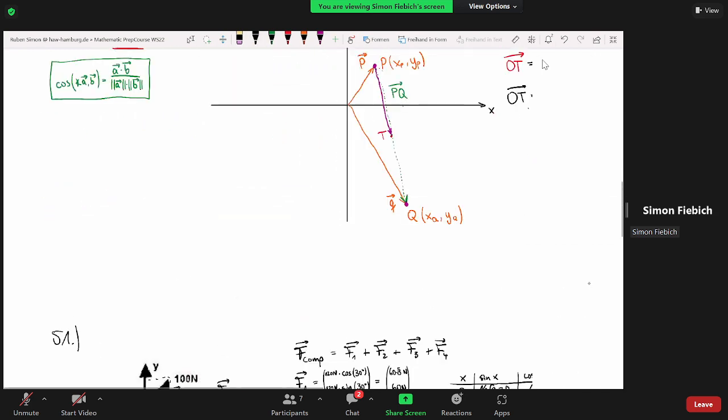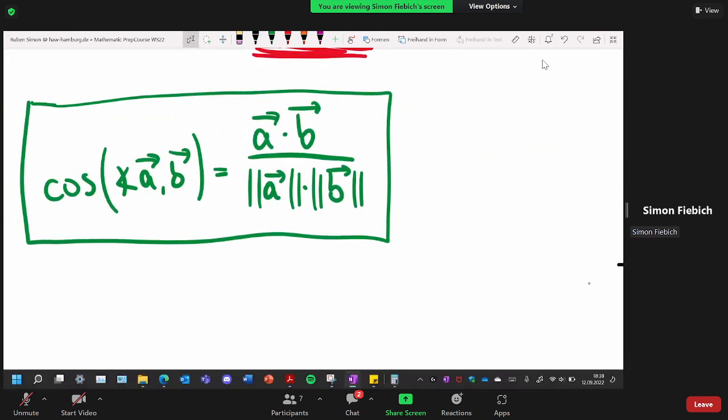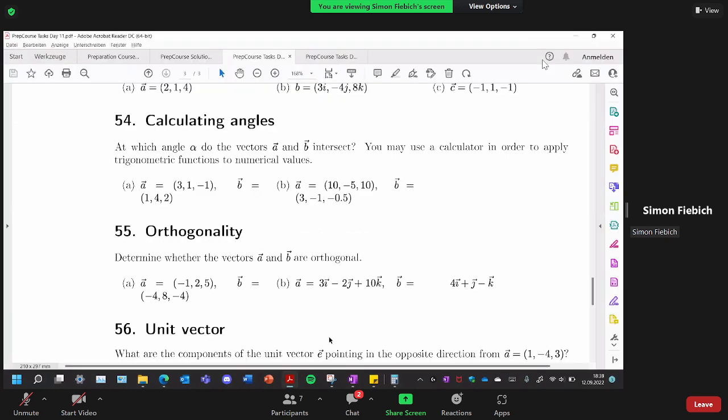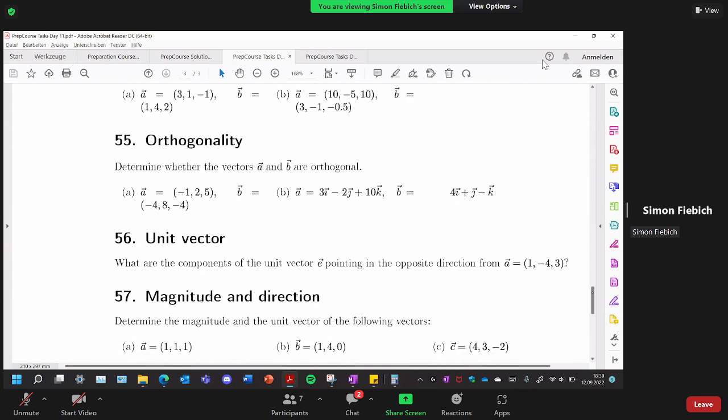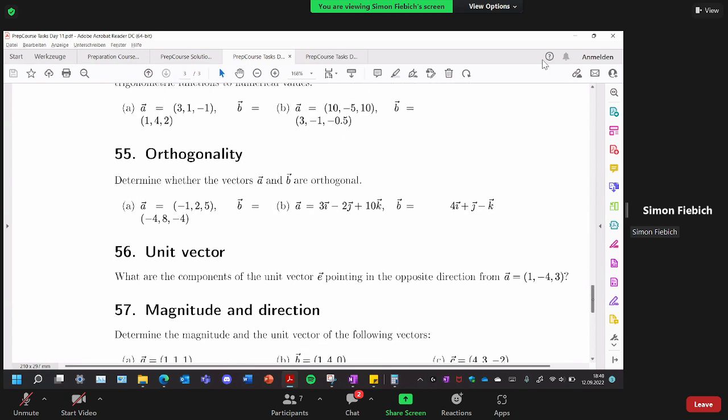Would you like to see one example for this application of the formula, or are you good just with the knowledge that you have to do it? If nobody says anything, we could skip this example. Yes, I would say that, because we did it before. Okay. We didn't do an example for it, but it's just applying the formula, and I think you should all be able to do this.